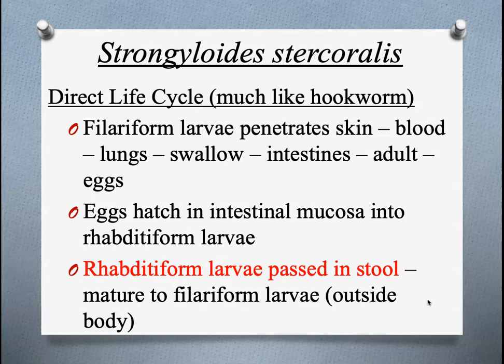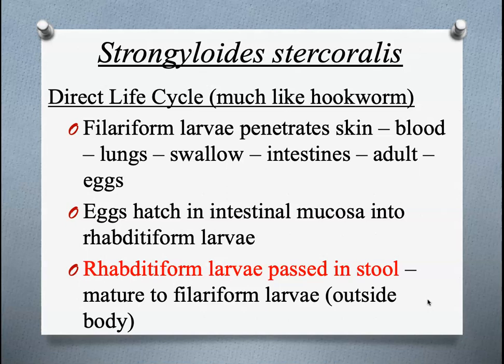It gets into the bloodstream, goes to the lungs, gets coughed up, swallowed, and enters the intestines. Filariform larvae mature into adults. The adult female lays eggs. Here, eggs hatch in the intestinal mucosa into rhabditiform larvae. This is the normal course for Strongyloides.